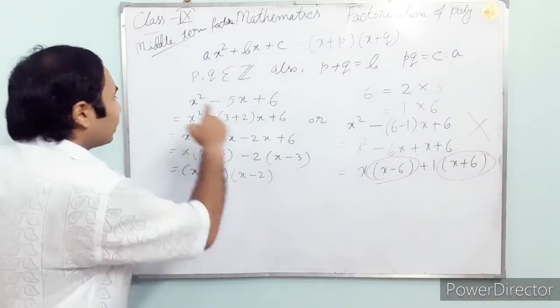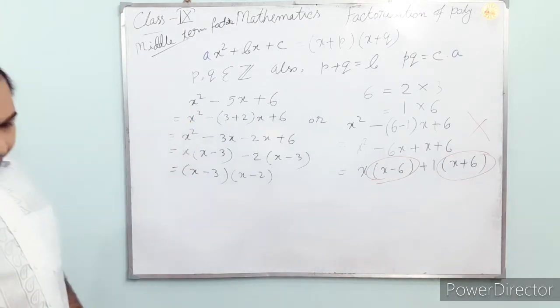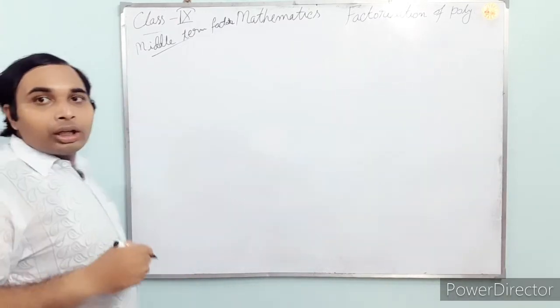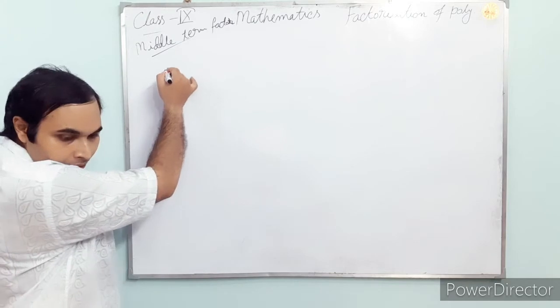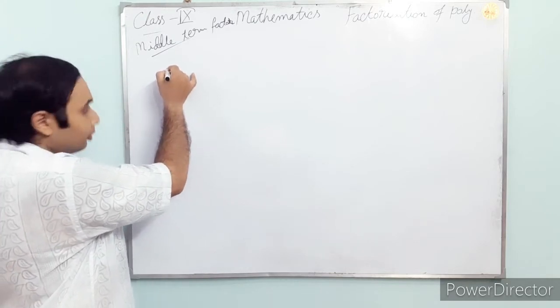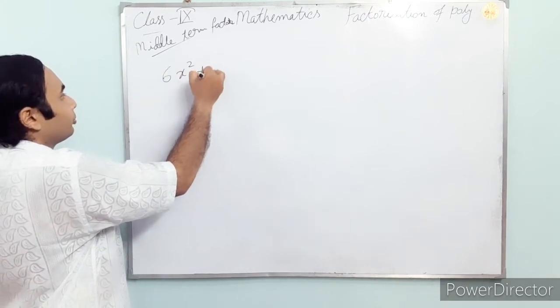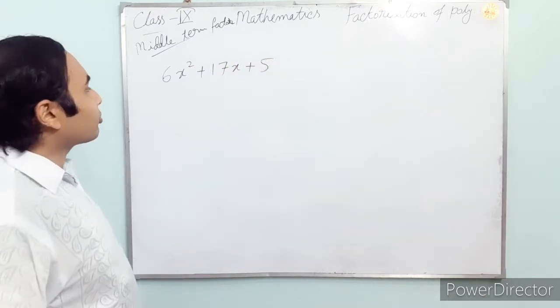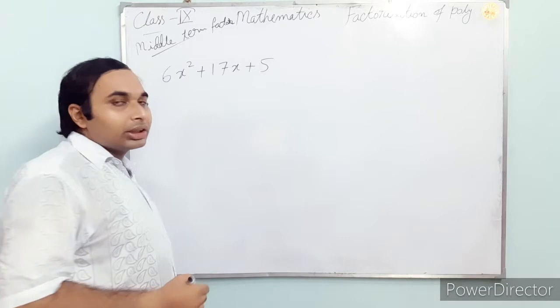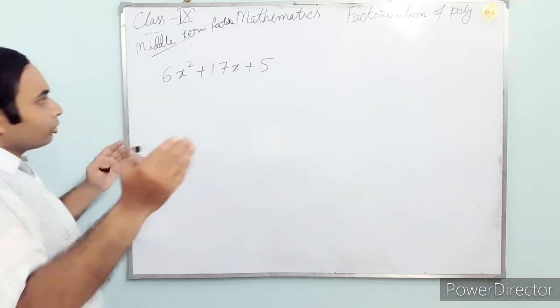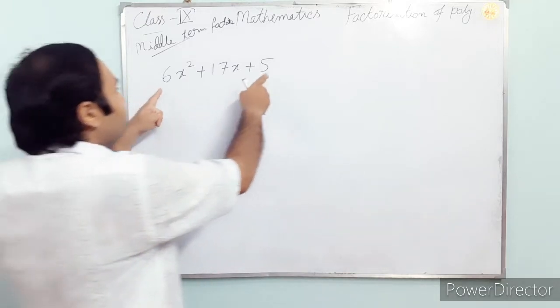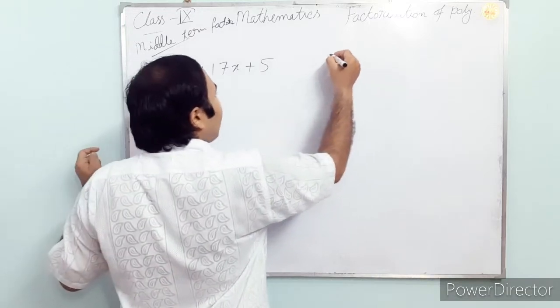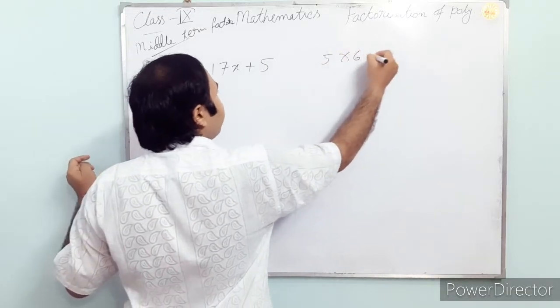Now let us take the coefficient more than 1. So students, the next example. This one, 6x square plus 17x plus 5. So it is more than 1 now, so you have to multiply those at first. So 5 into 6 is coming 30.